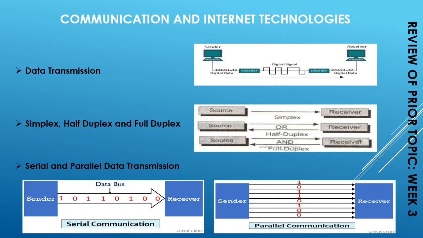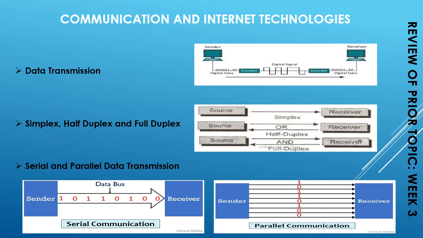After that, we discussed 2 types of data transmission. One is serial data transmission and the other one is parallel data transmission. In serial data transmission, data is sent in the form of byte, but one bit is sent at a time over a single wire. So data here is sent bit by bit over a single wire from sender to receiver.